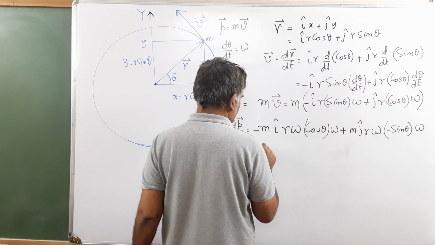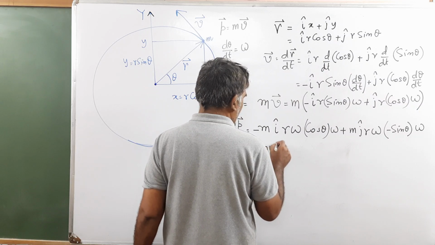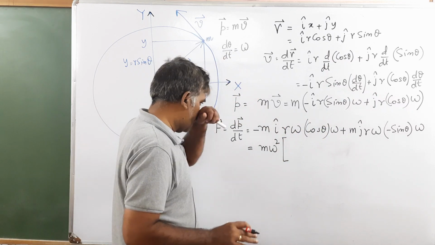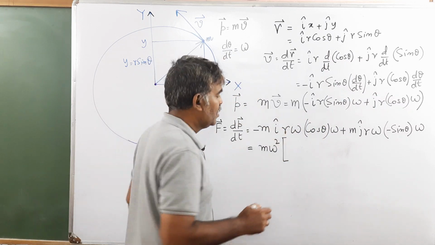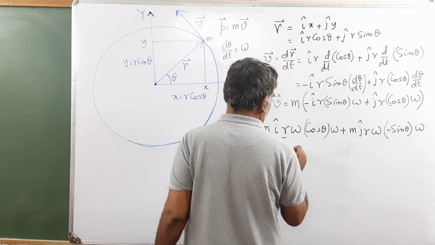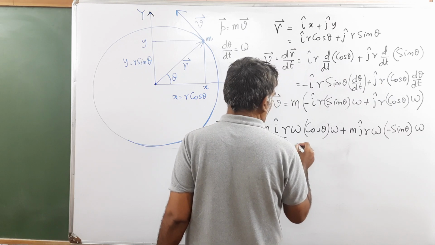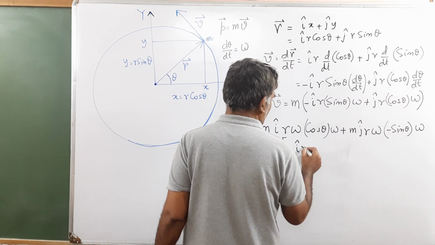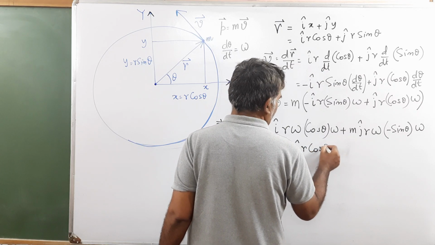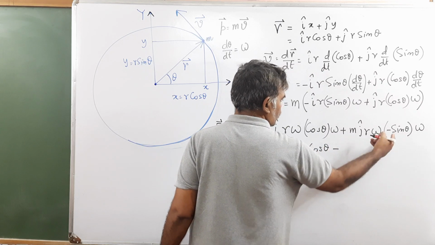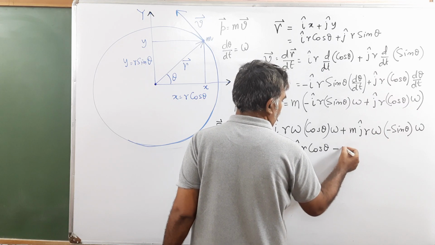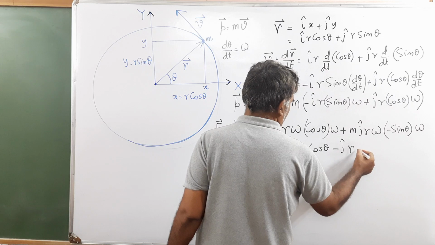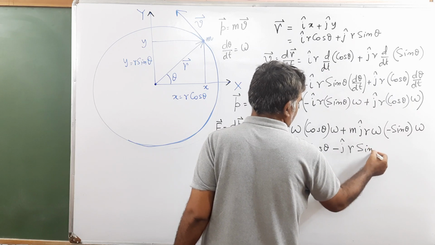Now, if you write it clearly and take this m omega times omega, meaning omega square, out. So, this is m omega square, and if you keep the rest of the terms inside this bracket, you get minus i cap r cos theta minus j cap r sin theta, right?